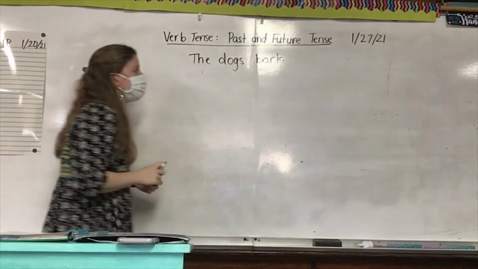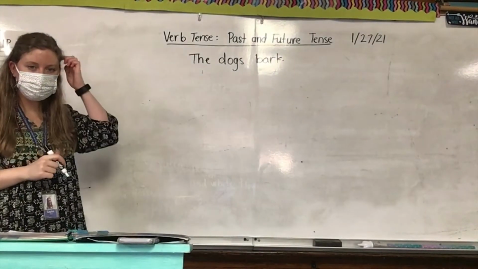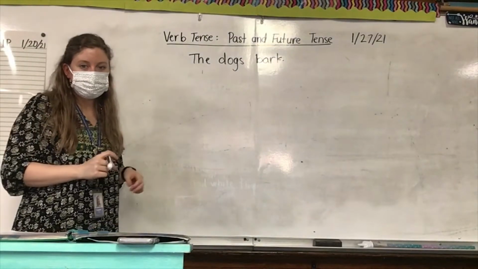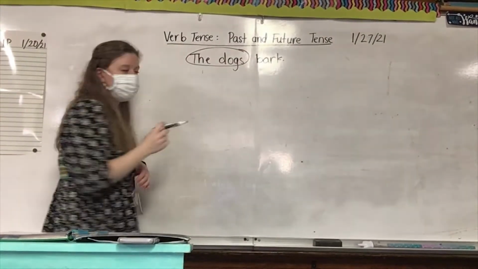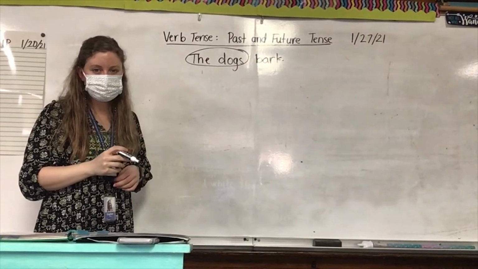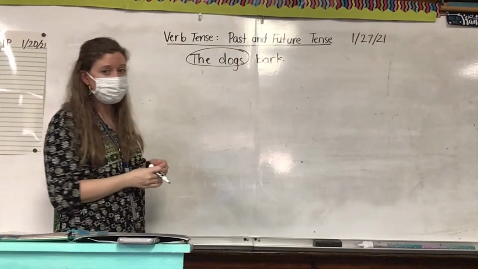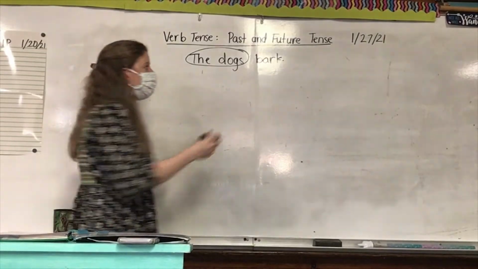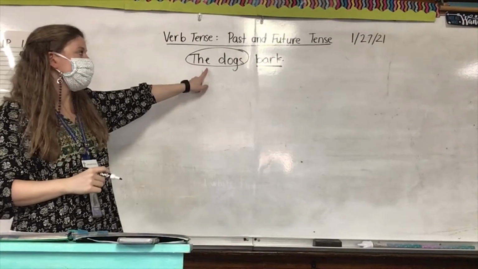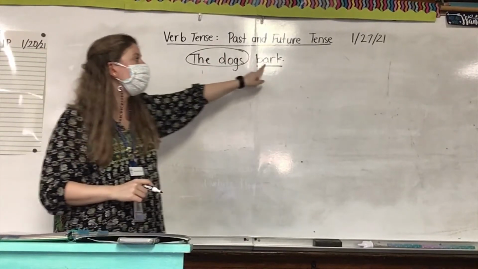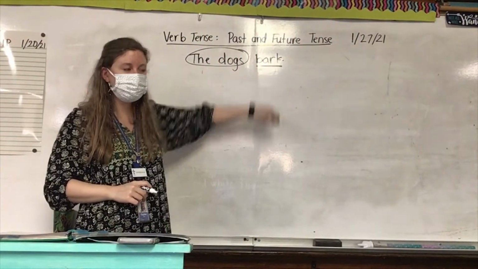Who or what is the sentence about? The dogs. Is that singular or plural? Plural. What's our verb? Bark. If the subject is plural, you do not add anything to the verb.